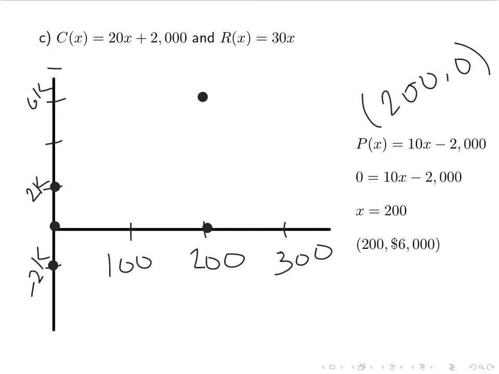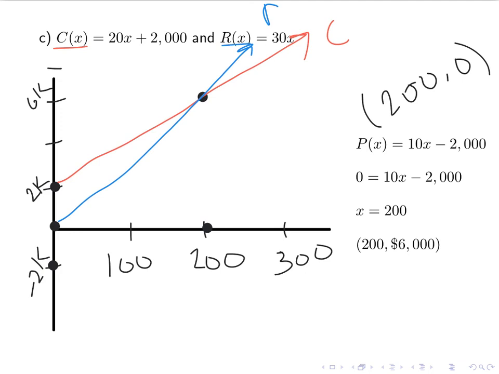And then to graph them, again, I'm going to use 3 different colors. So for the cost function, I'll do it in red. It's going to be this line here. For the revenue, I'll do it in blue. Again, they're going to intersect at that 200 comma 6,000.